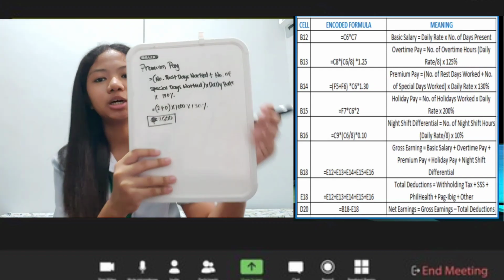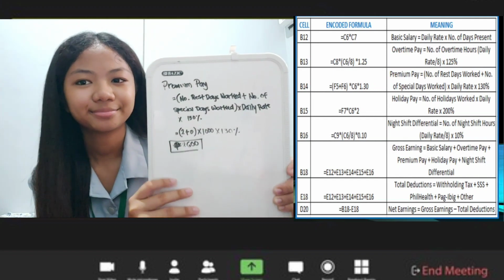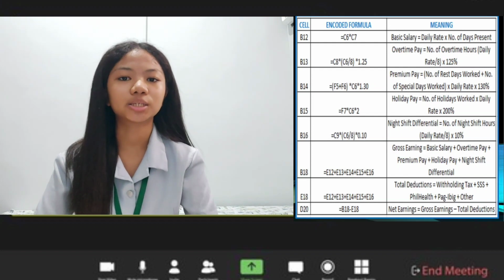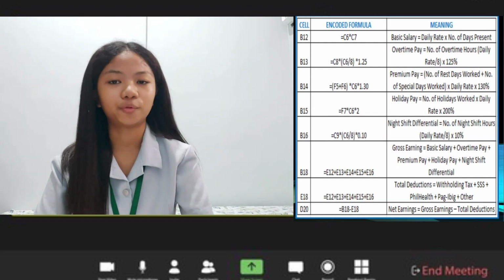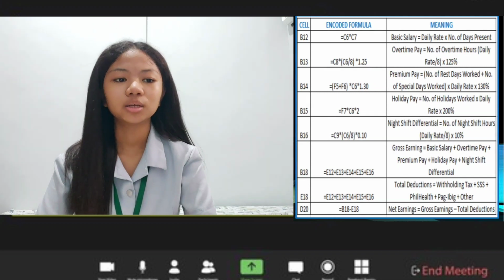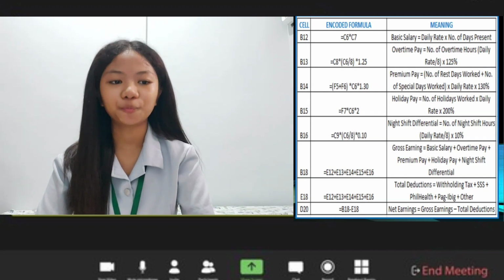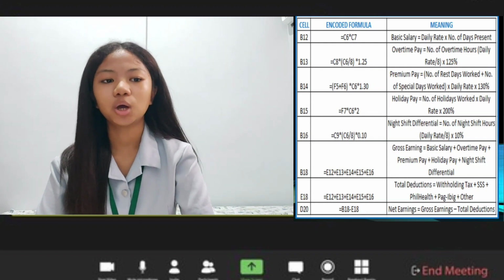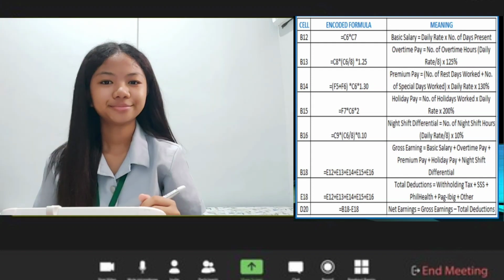So here is the solution. And then if you are using MS Excel, you need to encode the following formula: equal sign open parenthesis F5 plus F6 close parenthesis asterisk C6 asterisk 1.30.